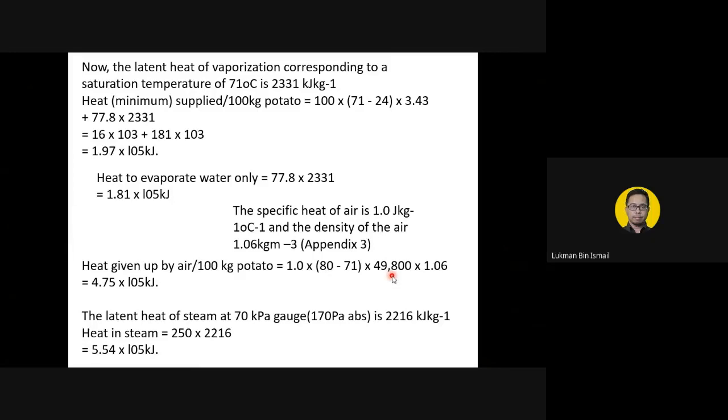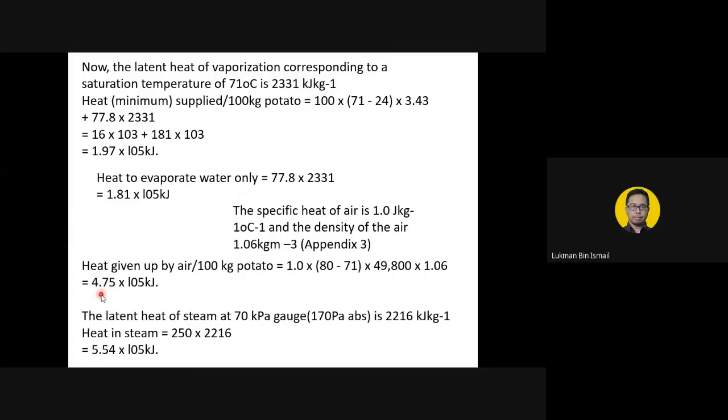So you have to calculate with the density to get the kilogram. You have the volume, 49,800 meter cubed, and this is the density, so this converts air from volume into mass.